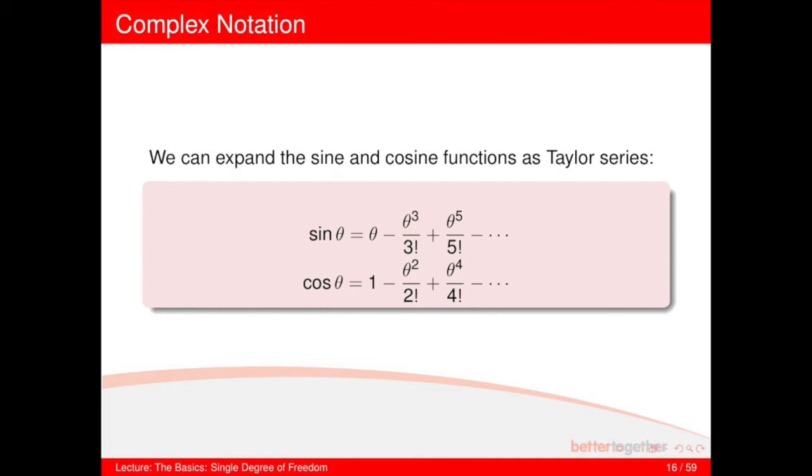We can expand cosine and sine as Taylor series. So this is recalling first year maths, I think, if not before. And you can expand them as a Taylor series, and you end up with these equations. Sine is theta minus theta cubed upon 3 factorial plus theta to the power of 5 divided by 5 factorial. Cosine is similar. You can define those two together.